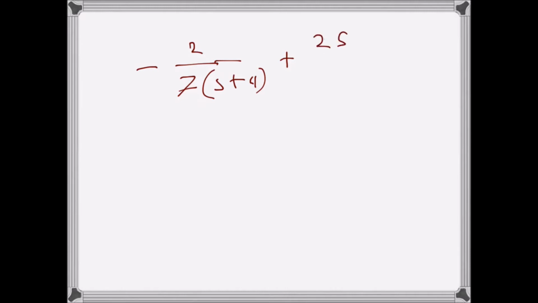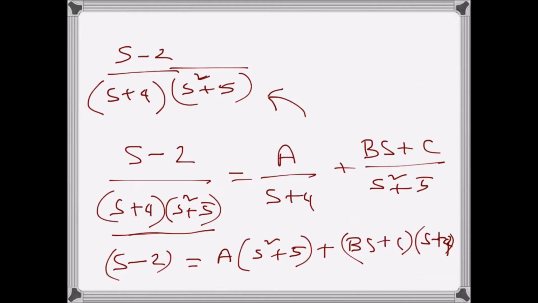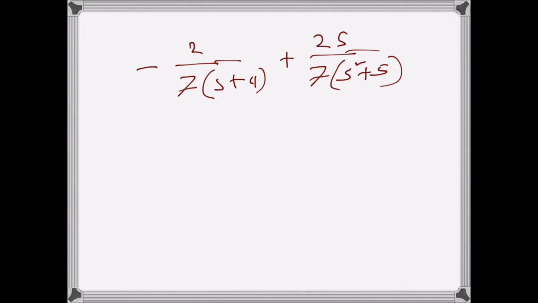Bs is 2s over 7, and that's over s square plus 5. I will write this separately, so that will be Bs over s square plus 5 plus C over s square plus 5. So C is negative 1 over 7(s square plus 5).